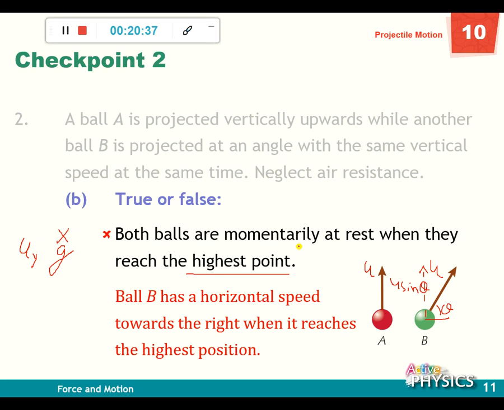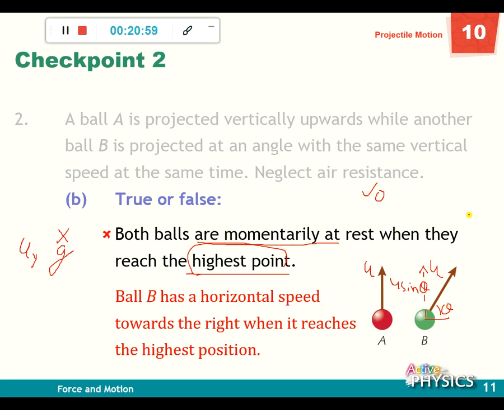Okay, mostly the explanation is this. Because when A reaches the highest point, A should be stopped here, momentarily at rest. So for this part, momentarily at rest at the highest point for A is correct.